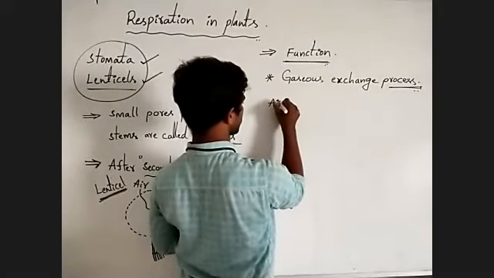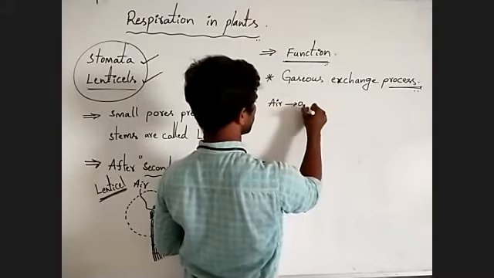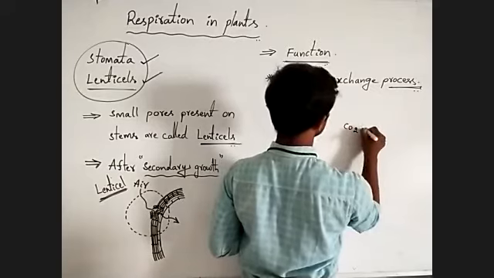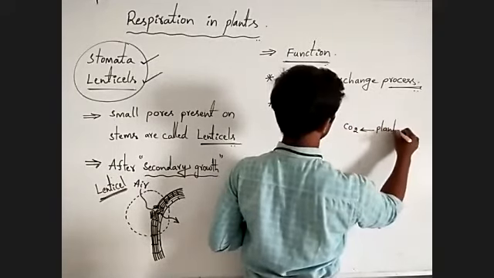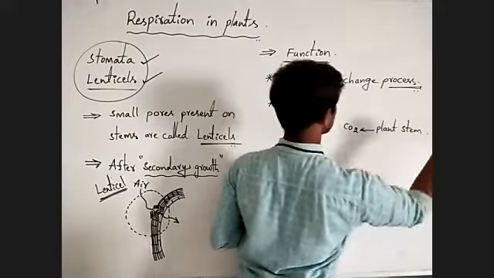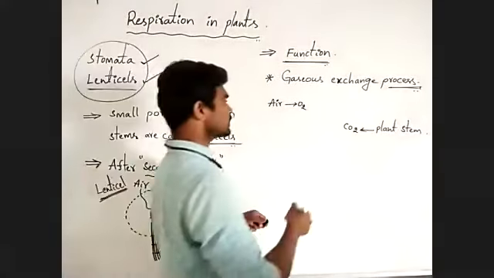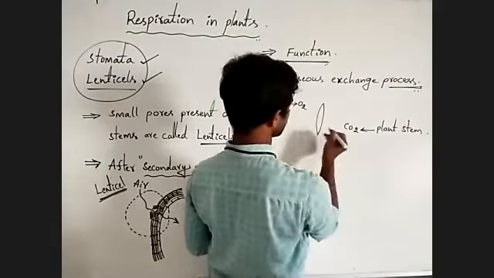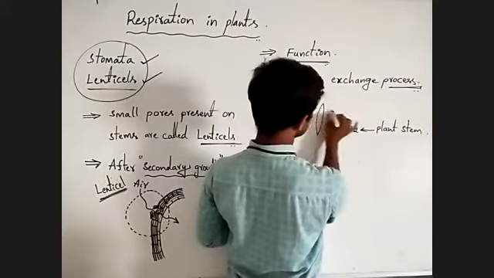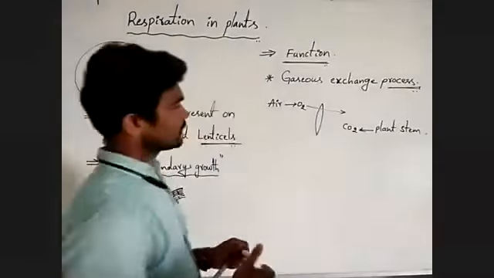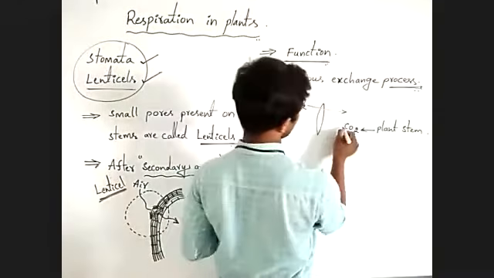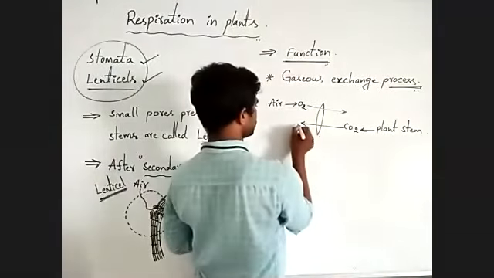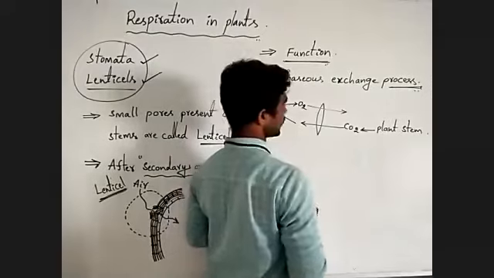Oxygen is present in air. Carbon dioxide is present in the plant stem. Now through this pore-like structure, oxygen is entered into the stem, and carbon dioxide is released out of the stem into the atmospheric air.